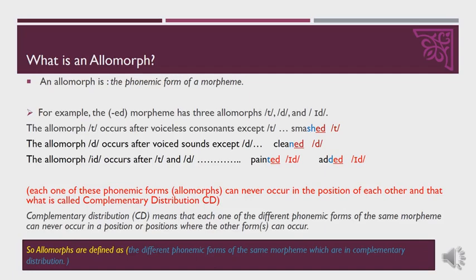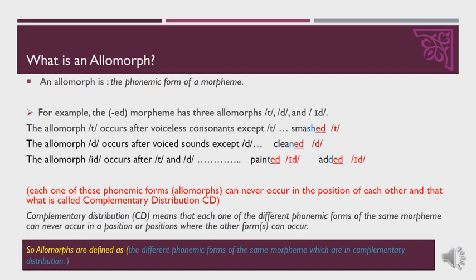T is pronounced after voiceless consonants except T. D is pronounced after voiced sounds except D. And id is pronounced after T and D. And that's it. So they cannot be replaced by each other. Each one should occur in its own position.